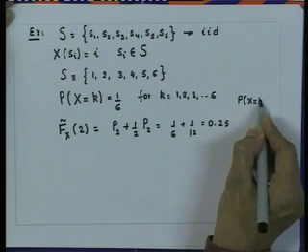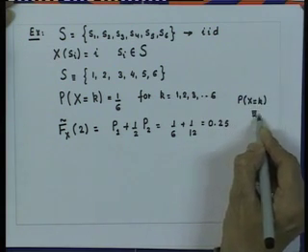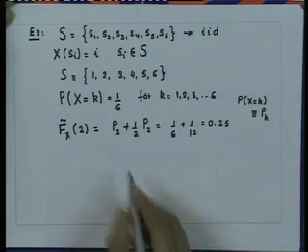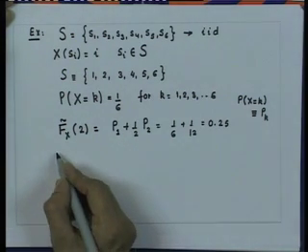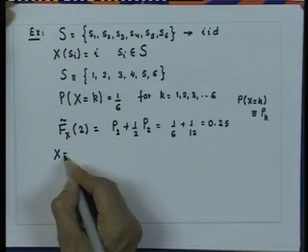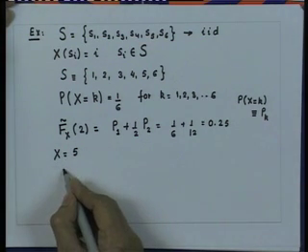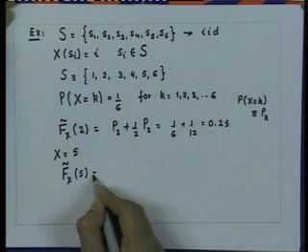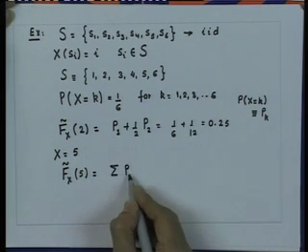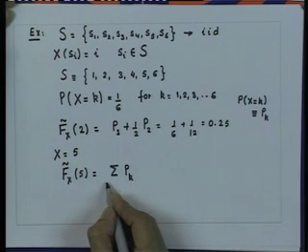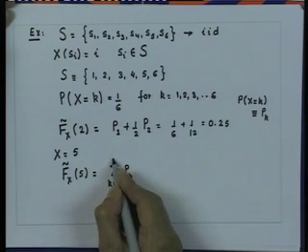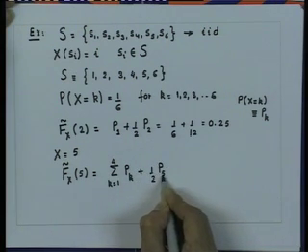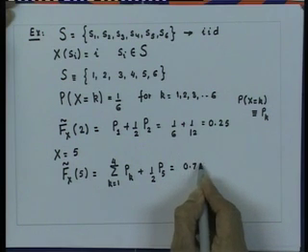Probability of X equal to k is denoted by probability p suffix k, and similarly the tag for the random variable equal to 5 can be found out as 0.75.